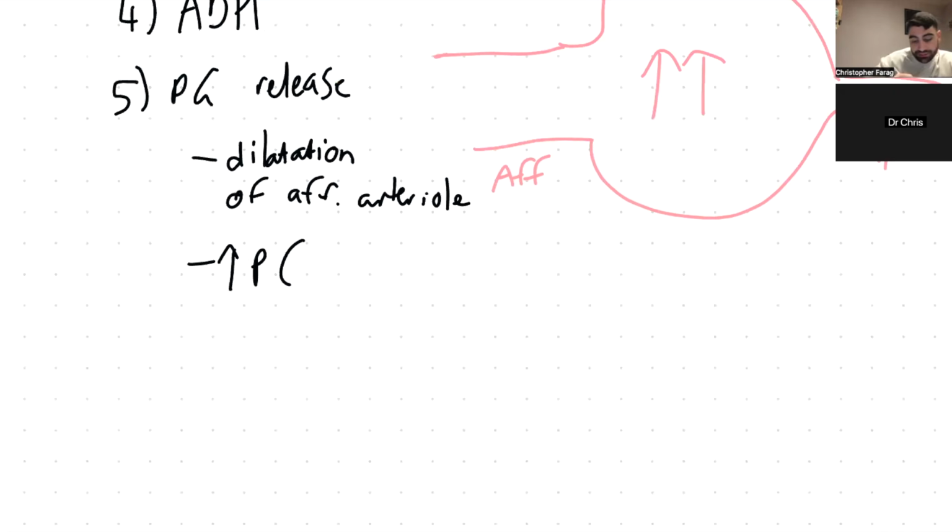Why is this good? Well, that means that our plasma then, because it's stuck in the glomerulus, more can be filtered out. More filtrate is actually going to be absorbed into the kidney because it's stuck there for a longer time, which means that our albumin and our proteins that are in that plasma then become more concentrated, right?